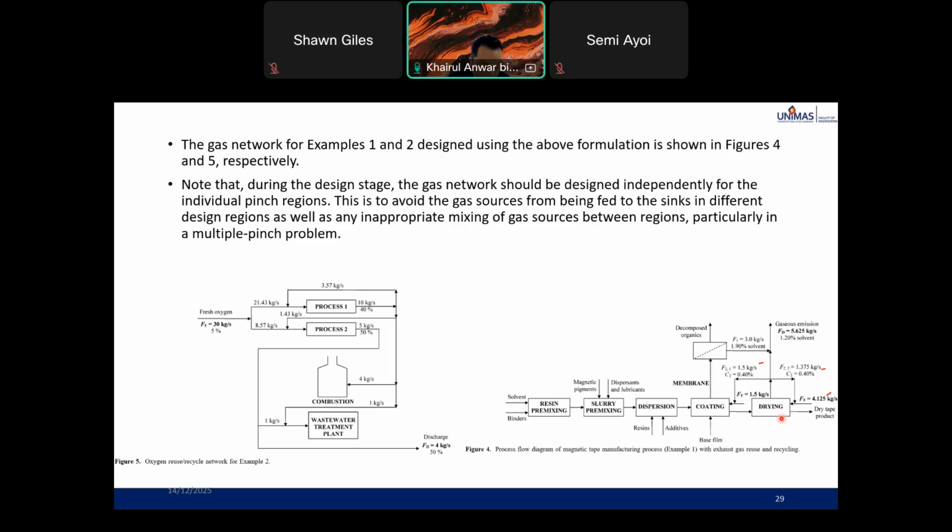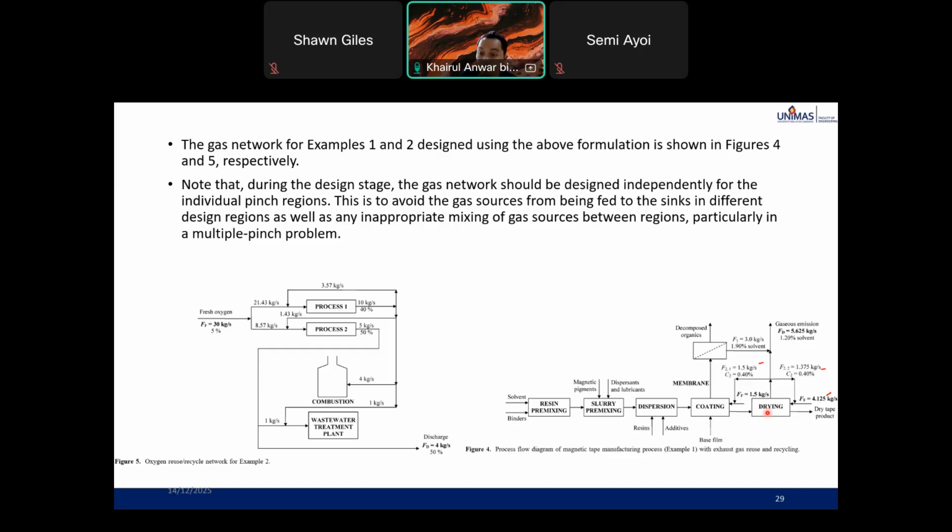However, the requirement for the coating and the drying is not enough. So meaning we need to top up with the fresh nitrogen. Okay, so for dry it is 5.5, from 1.5 plus 1.375.